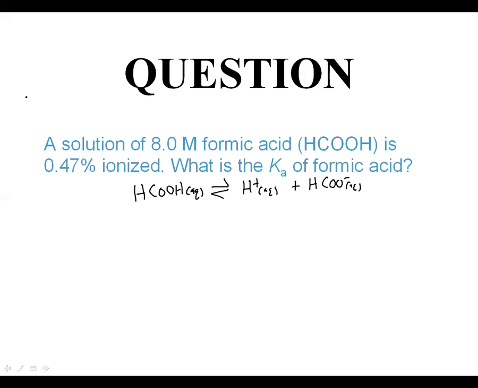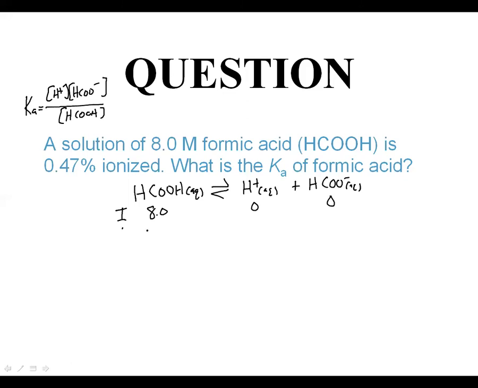Our Ka expression in this case would be H plus times formate divided by HCOOH. We could even do our ice table here. We know we are starting with 8 molar of this guy, 0 of this guy, 0 of this guy.